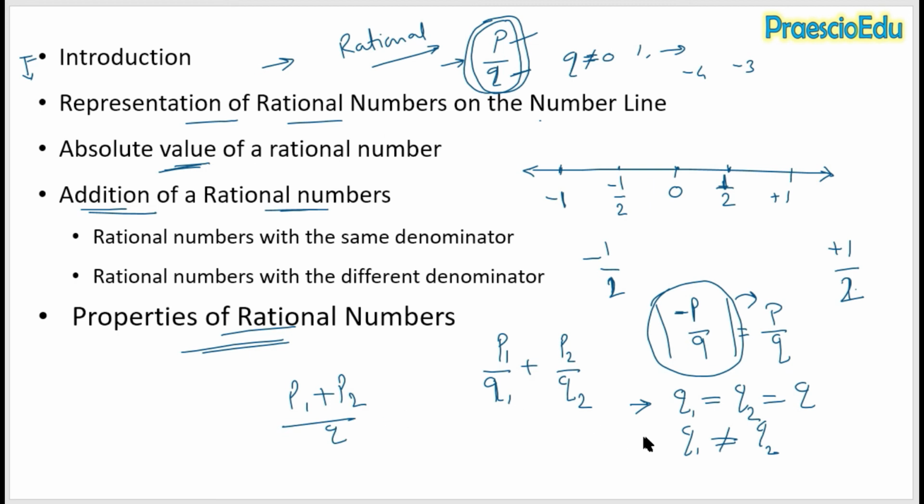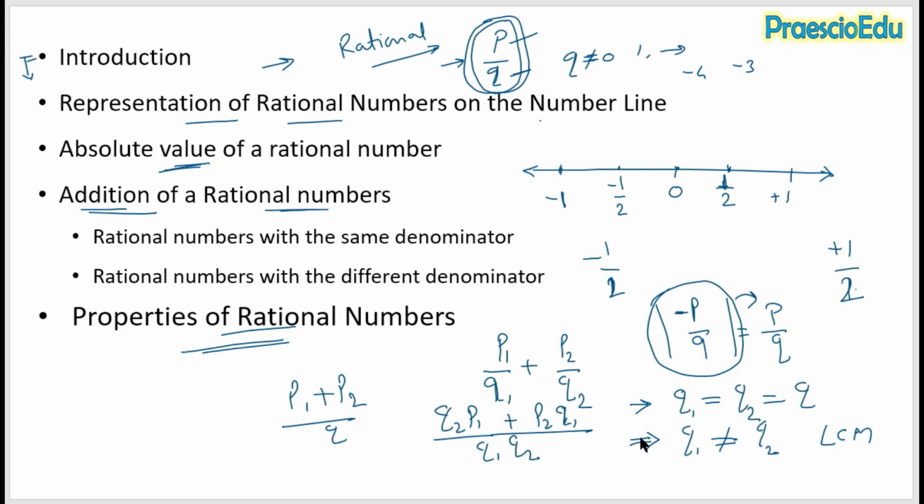And for the second case, q1 is not equal to q2. Then we have to take the LCM, the least common multiple. Directly by multiplication also, so q2 p1, here multiplication, I will not write the sign completely, plus p2 q1, over q1 multiplied by q2.